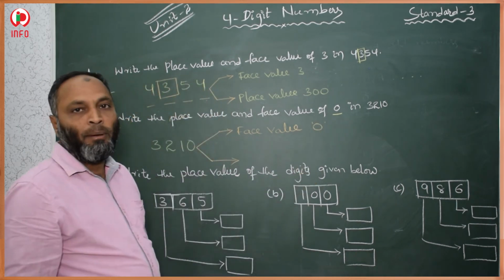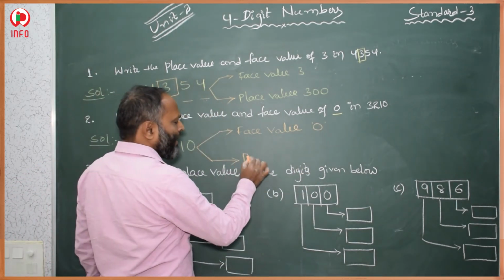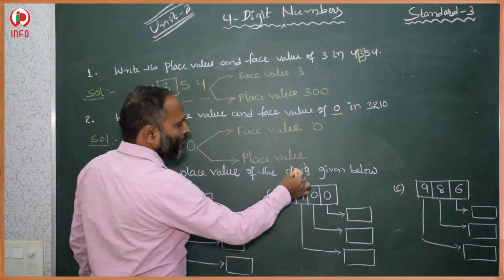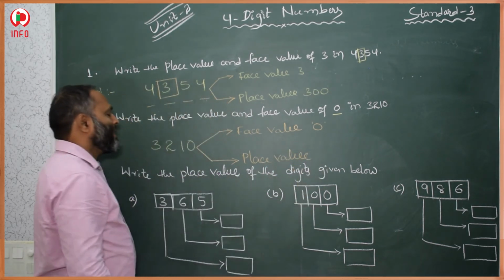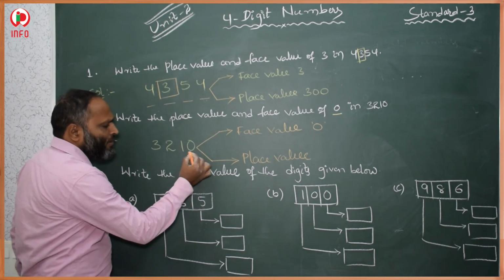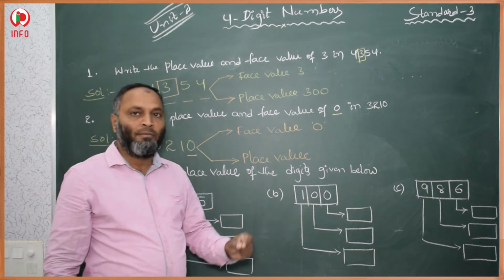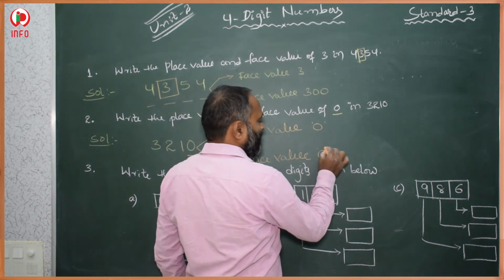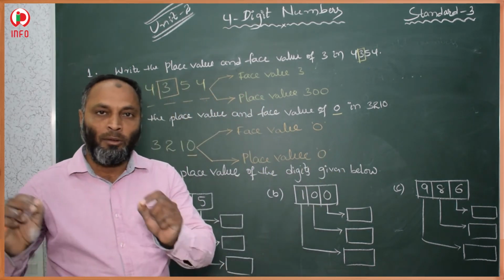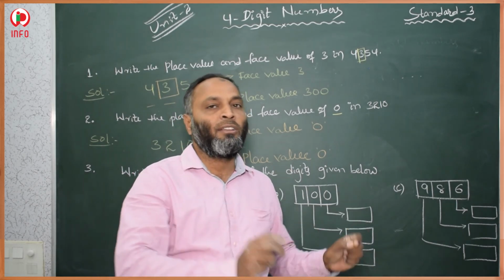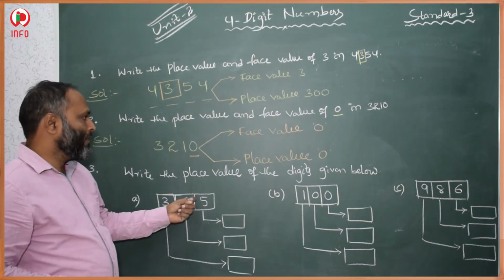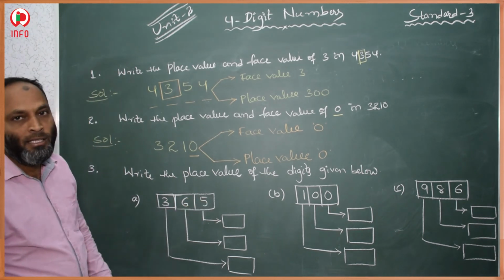And after that, the place value. 0 is here, in the ones place, so 0 into 1 is 0 only. Here the place value and face value of 0 are both the same.